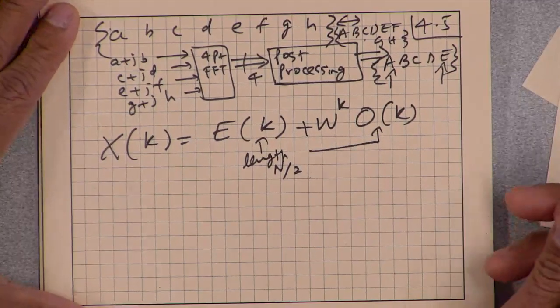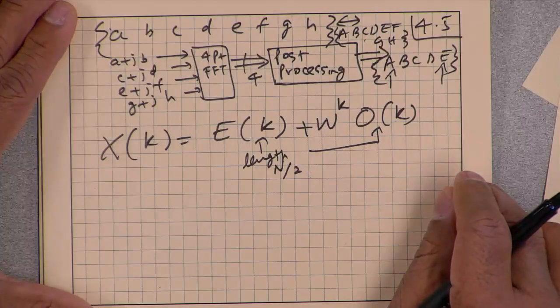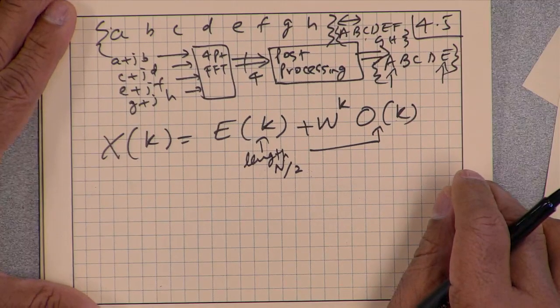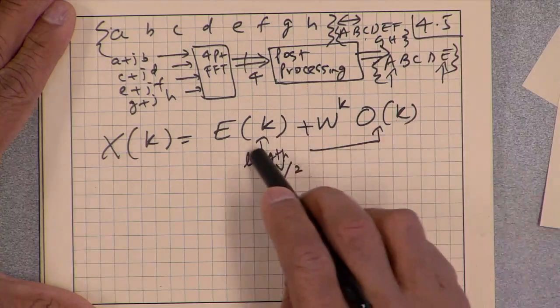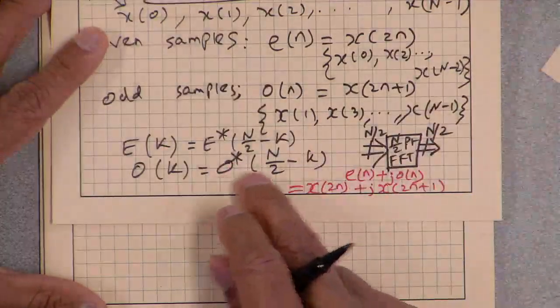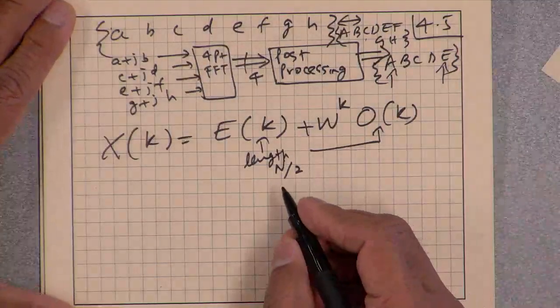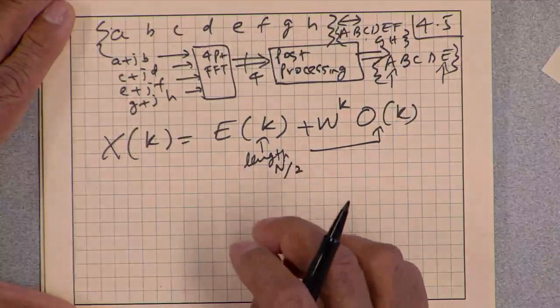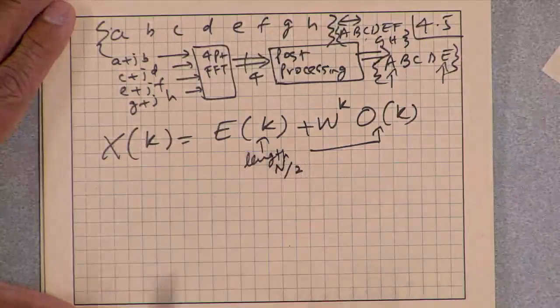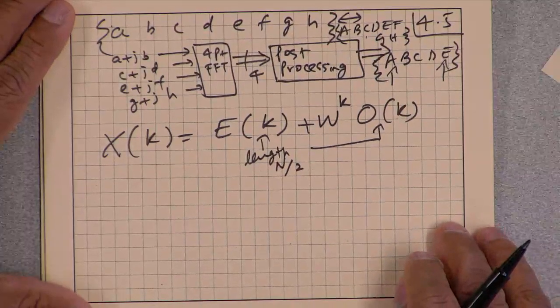But do I really need to compute the n by 2 point DFT? Because of the symmetry, Ek is E conjugate n by 2 minus k, and Ok is O conjugate n by 2 minus k. So it's really only n by 4 points. All I need is n by 4 points of Ek and n by 4 points of Ok.